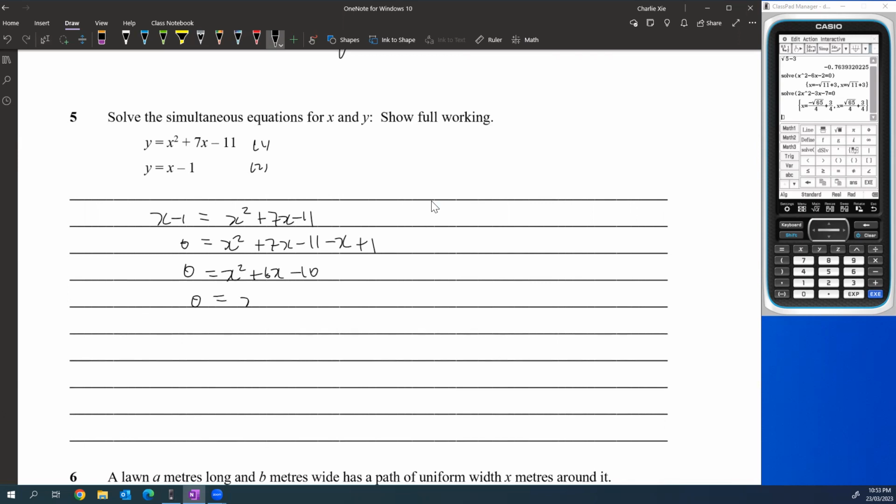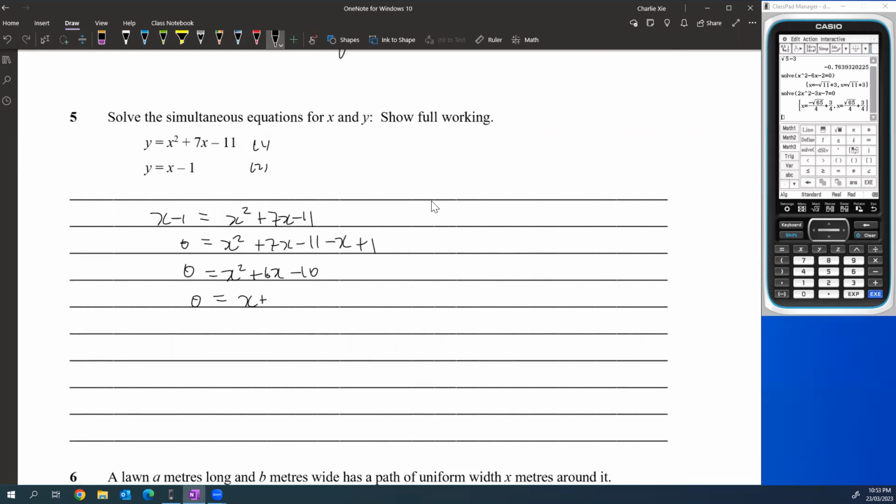Okay, 0 equals x squared plus 6x minus 10. Trinomial again. Check the last term, negative 10. So I can do 2 times 5, does that work? No, it doesn't work. So we do completing the square or the quadratic formula, whatever you find easier.